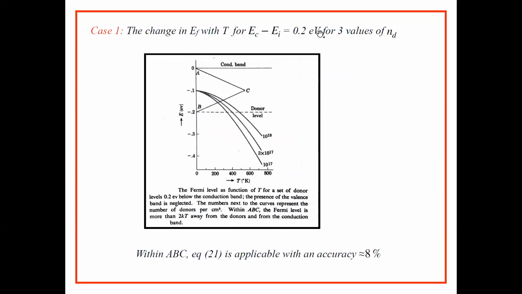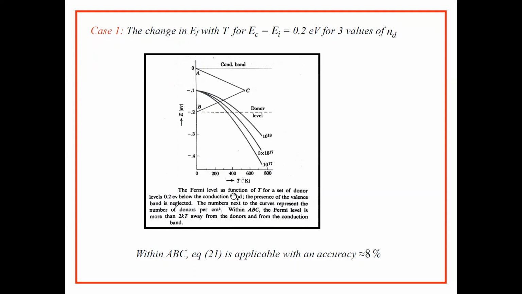Now we'll see the case in which change in Fermi energy is plotted with temperature for EC minus EI equal to 0.2 electron volt, for 3 values of ND. This is conduction band, and these are donor levels, and these are the 3 values of ND, meaning impurities.